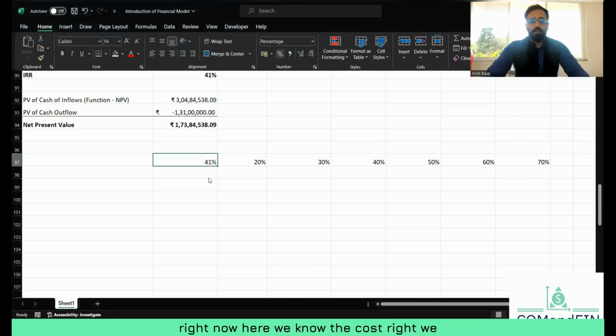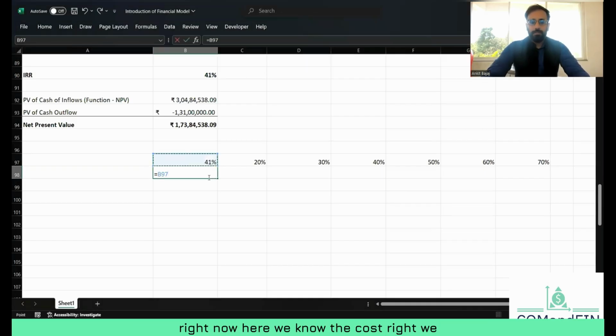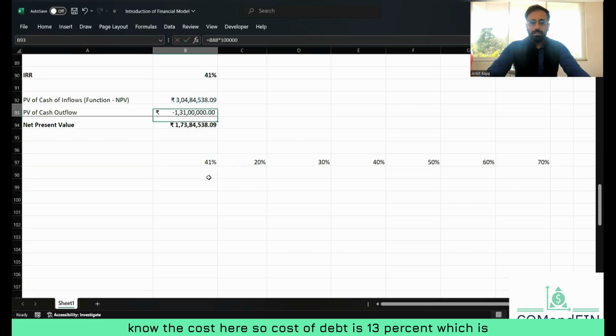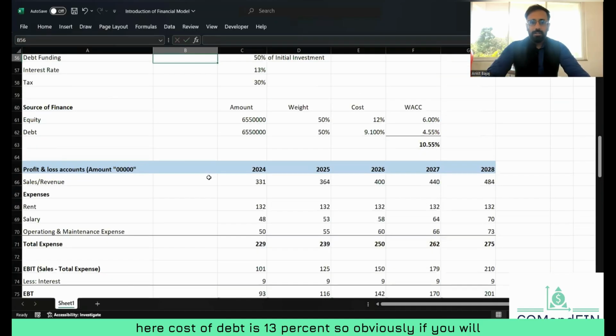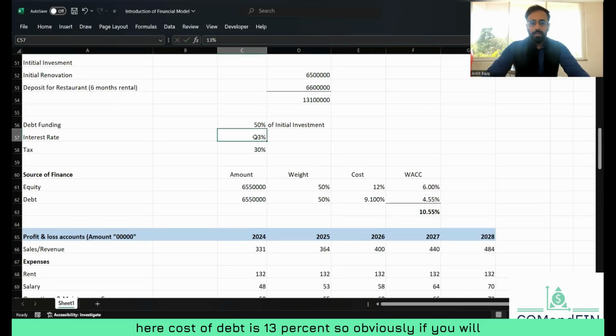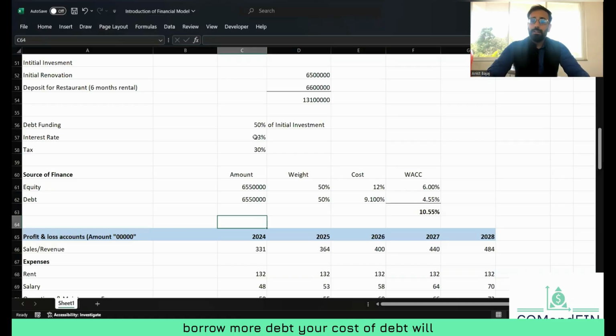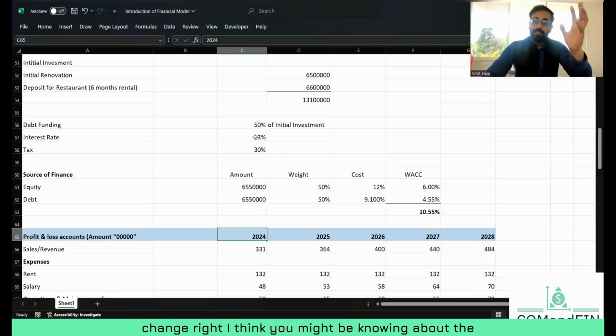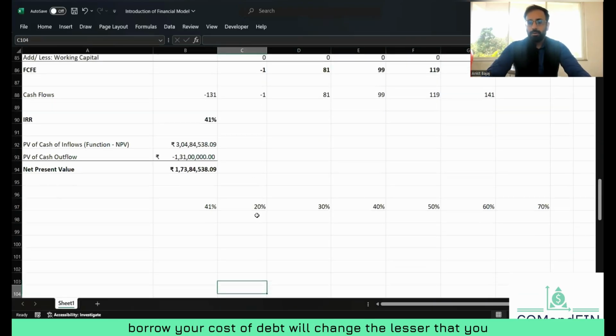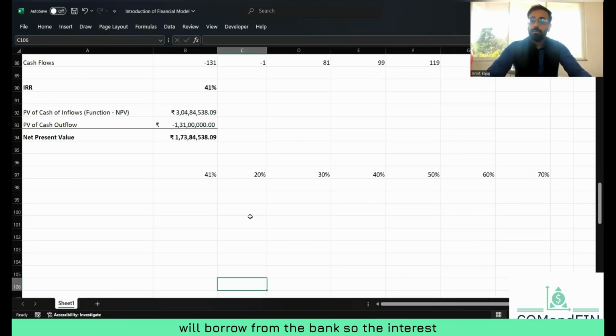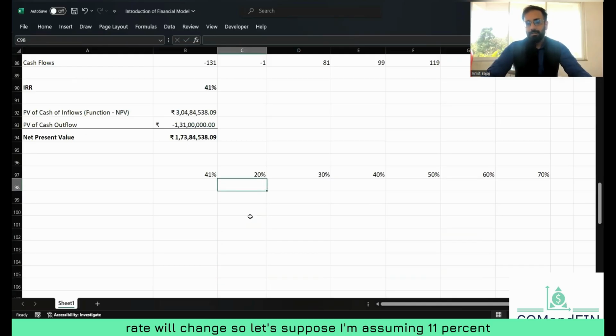You can see, now here we know the cost. Cost of debt is 13%, which is given in the question. So obviously, if you borrow more debt, your cost of debt will change. I think you might know about the marginal rate. The more debt you borrow, your cost of debt will change; the lesser debt you borrow from the bank, the interest rate will change.